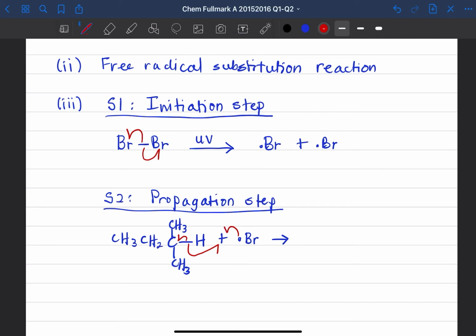So you will have CH3, CH2, CH3 with 1 electron on the carbon, plus HBr. Hydrogen and bromine form a bond. That is the first step in propagation.